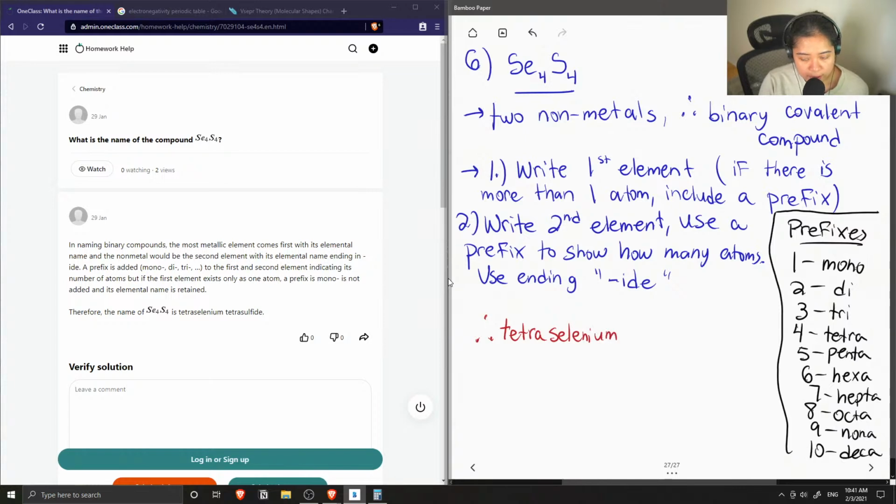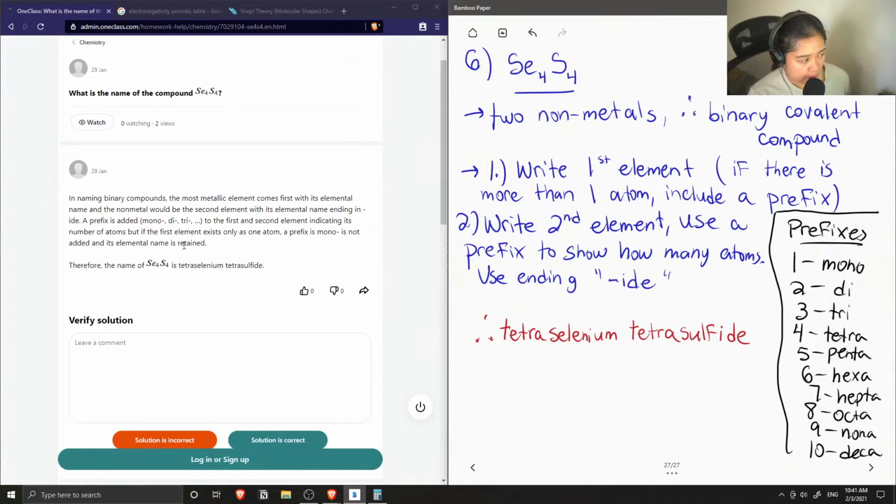And then for my second step, I need to write the second element and use the prefix of tetra again. So tetra. And then from here, I would write out sulfur, except instead of continuing writing sulfur, I would end it in "-ide". Okay, so the name of this compound is tetraselenium tetrasulfide.